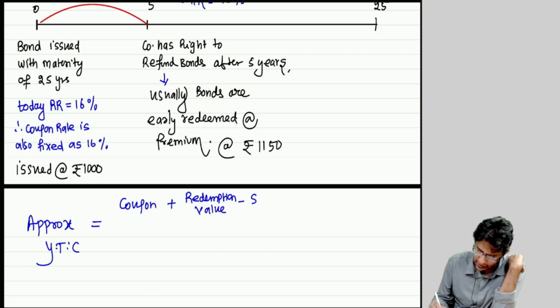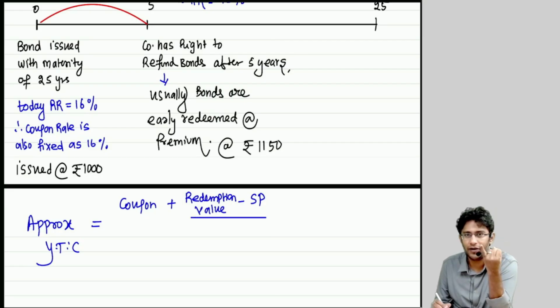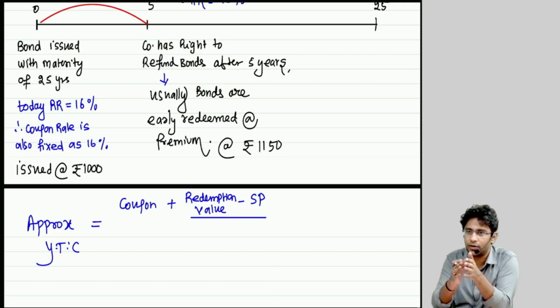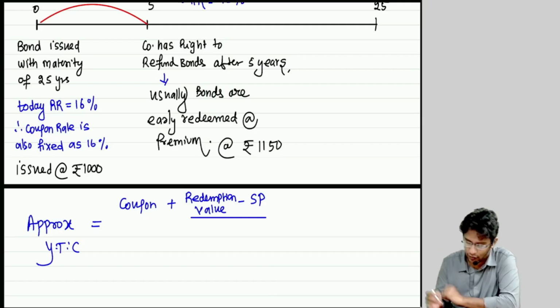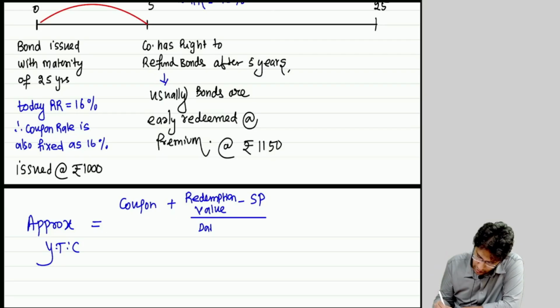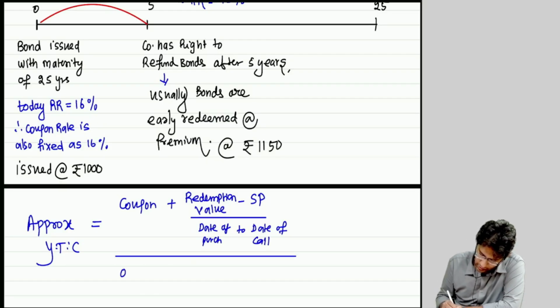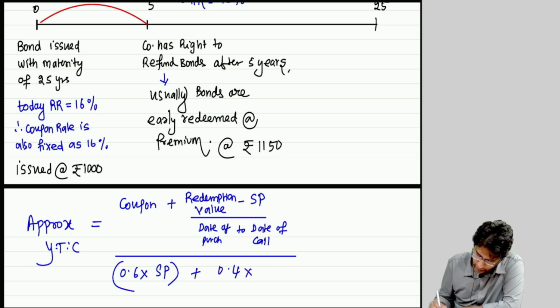Minus SP, spot price or initial investment, anything, divided by the period from the date of purchase to date of call. Whole divided by 0.6 into your spot price today plus 0.4 into redemption value, outside into 100.